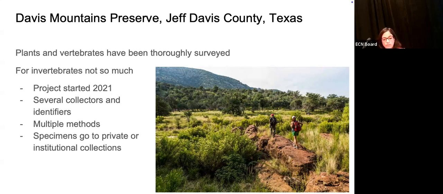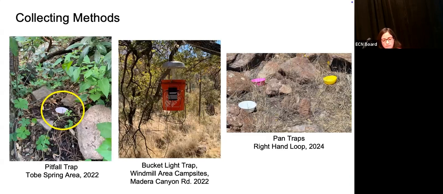And some of the specimens go to either private collections or institutional collections. And so some of the methods that have been used for collecting these specimens include pitfall traps, bucket light traps, and pan traps, but we also do the typical beating sheet, netting, and things like that for collecting the specimens.